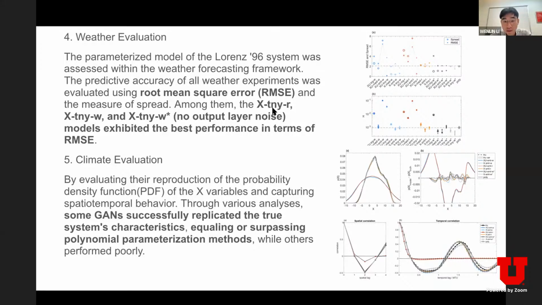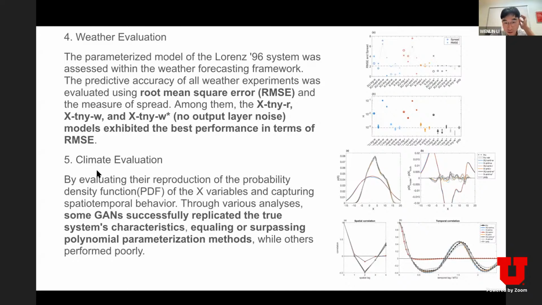Tiny means the training data sets, red is the red noise, and the S tiny y and S tiny y star have the best performance in terms of the RMSE. So I think this one we can see is very small. This one RMSE is the lowest. This one as well, and this one I think, yes.